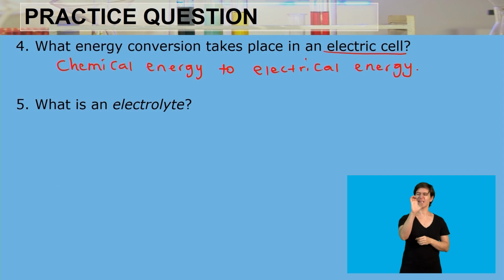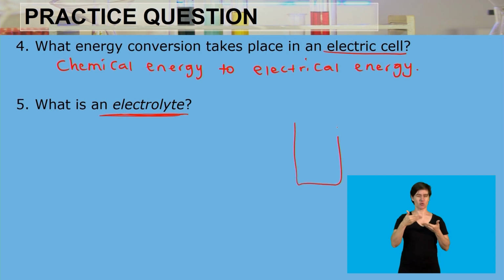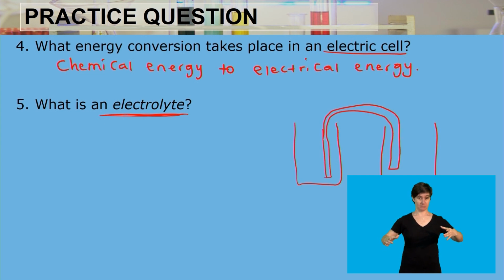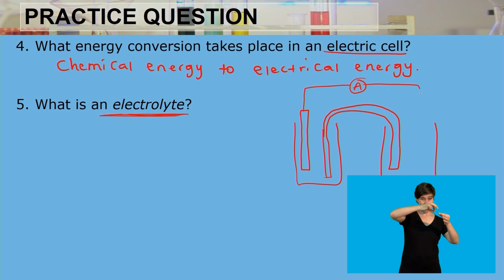Then question 5, an electrolyte. We need to now understand what an electrolyte is. Remember, we have our beakers. They are connected by a salt bridge. And then we have an electrode, and then another electrode.